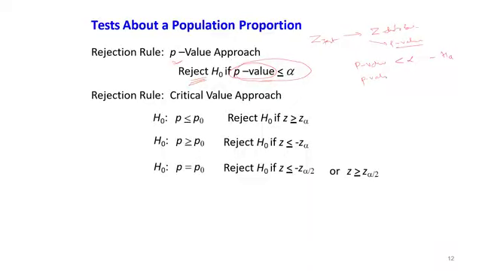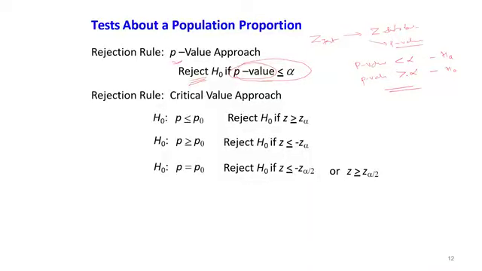If p-value is greater than alpha, you go with the null hypothesis. Please remember this, because even in machine learning and various kinds of analysis, wherever we talk about the p-value, we compare it with alpha and make decisions.